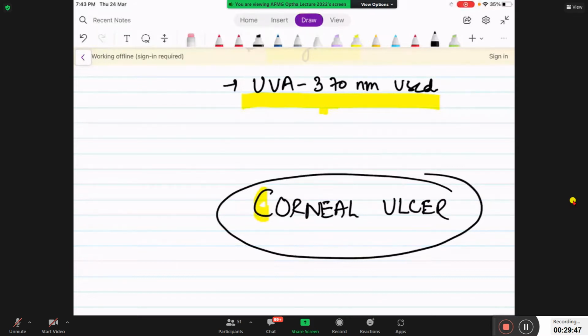Suppose a foreign body has fallen in the cornea, and because of that foreign body, an epithelial defect is there in the cornea. Because of that epithelial defect and infiltration of the subepithelial tissue, it will lead to corneal ulcer, right?